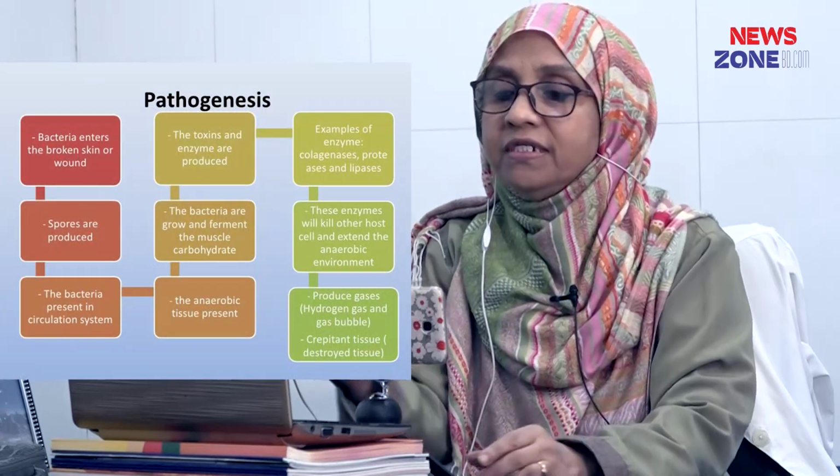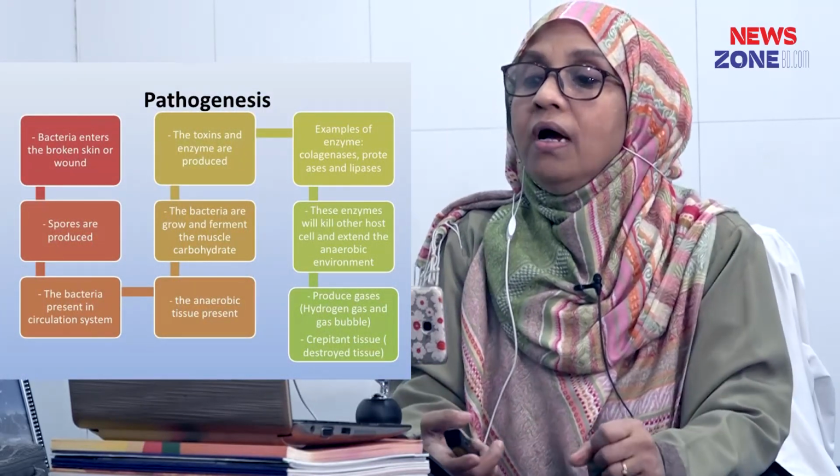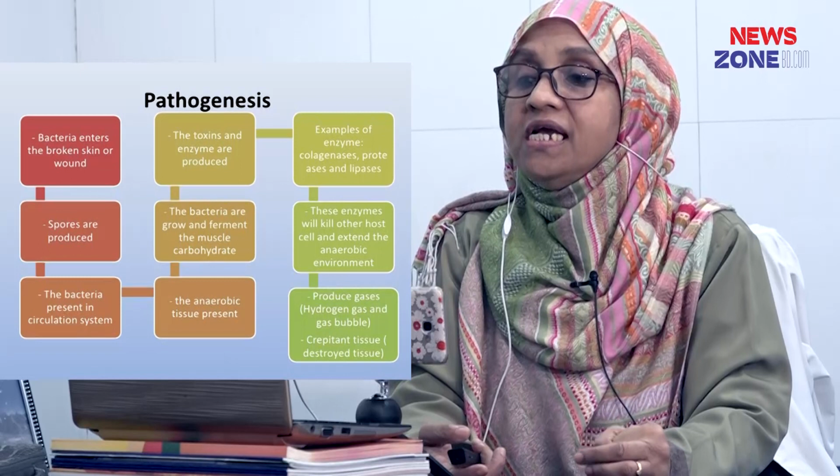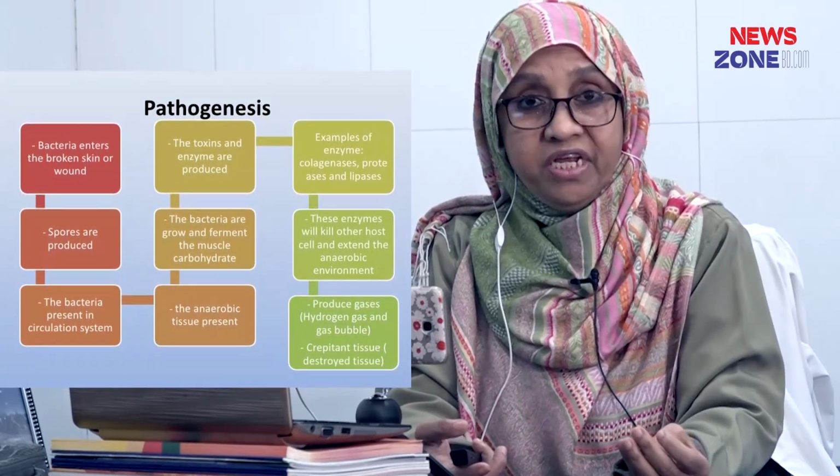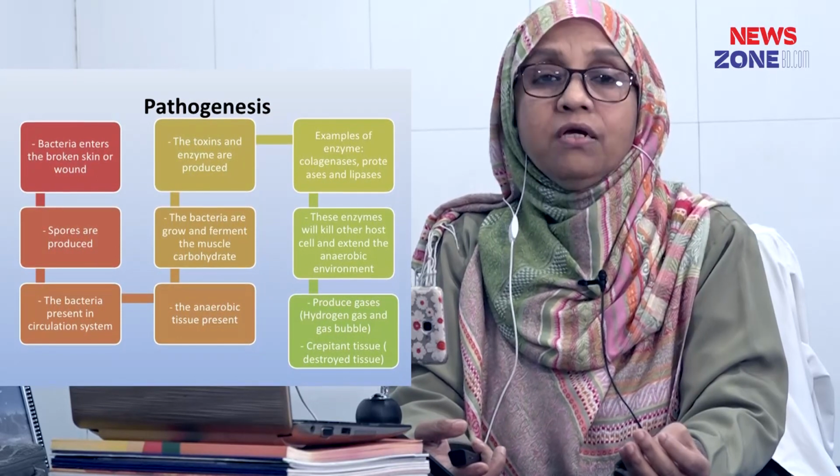And then the bacilli multiply, and they form both enzymes and toxins that play a role in the disease. Talking of enzymes first, there are mainly three types of enzyme: collagenase, protease, and lipase.